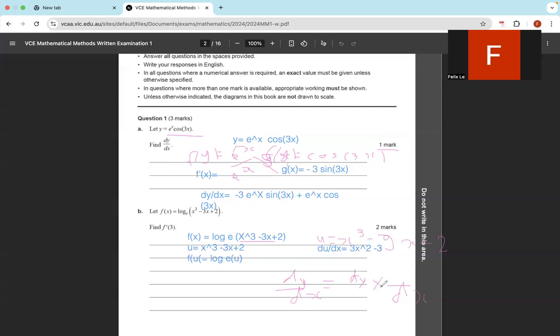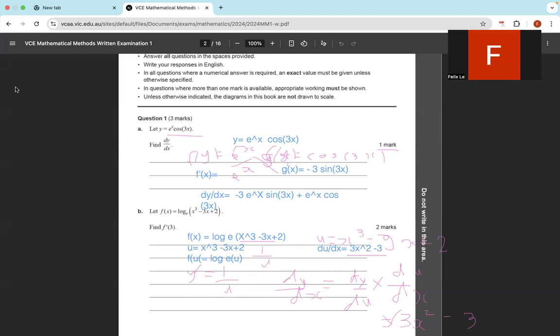We can substitute du/dx, which is this value here: 3x^2 - 3, times dy/du. So we have y equal to 1 over u when we derive it, because when we derive a logarithm, it becomes a reciprocal, as you can see here.